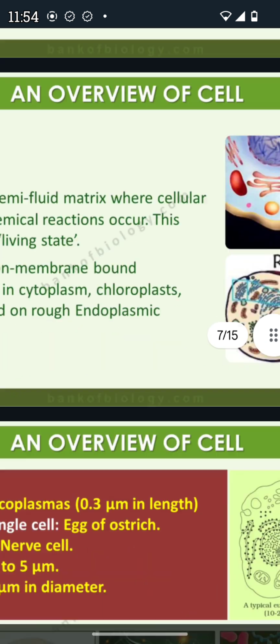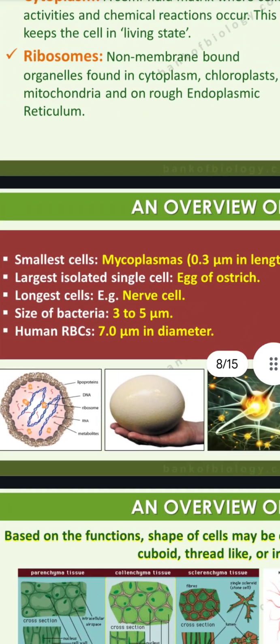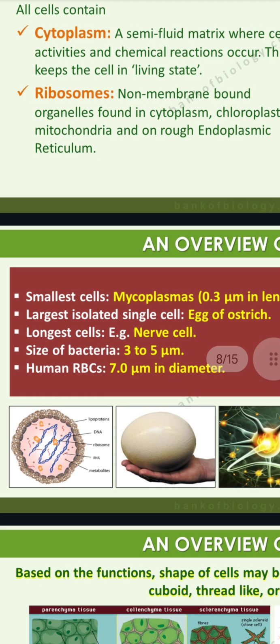Now let's go to the next topic. There are some facts, as you can see. Let's learn about these facts. According to surveys and research, the smallest living cell is that of Mycoplasma. Mycoplasma is a bacterium with the smallest cell.